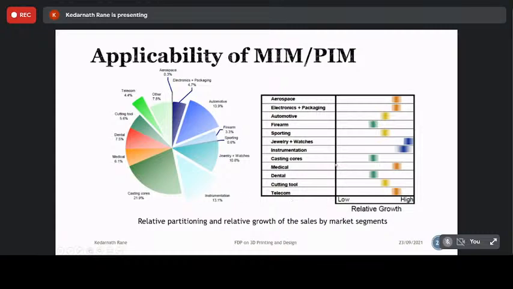As the process is very mature, a very high level of data is available, so we can distinguish the applicability of these processes. But additive manufacturing is not so mature a process that we can distinguish which area is favorable for each process. It is yet to come.